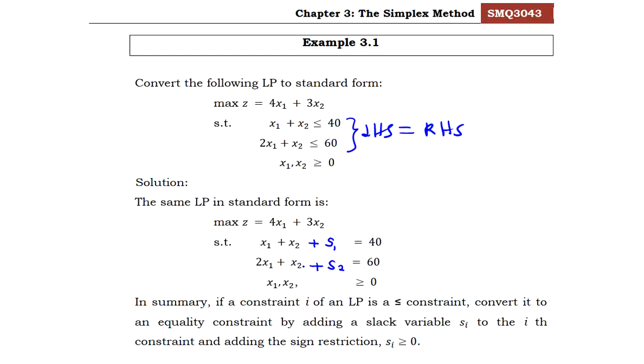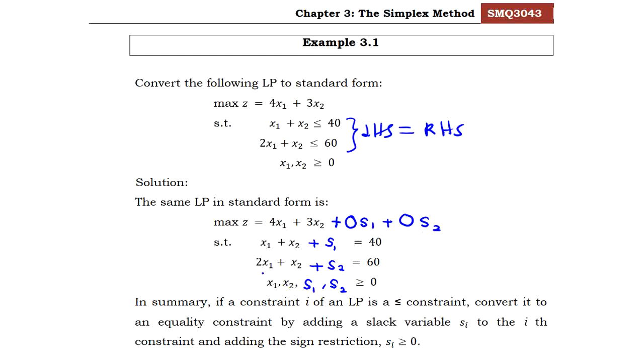Okay, so instead of 2 variables, now we have 4 variables, x1, x2, s1 and s2 must be greater than or equal to 0. And for the objective function, the coefficients for slack variables are zeros. So 0 s1 plus 0 s2.